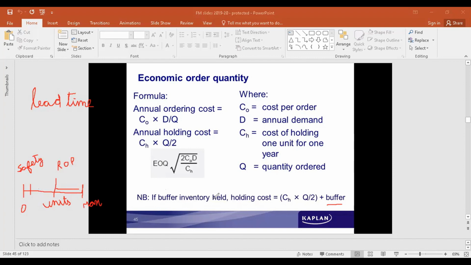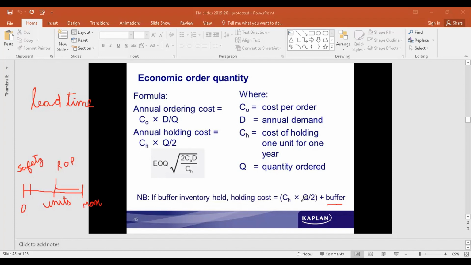If buffer inventory is held, the holding cost would be calculated, since the buffer inventory would anyway be held, plus whatever is the total quantity. They would not be calculating it on the total quantity of material, but the average quantity. Why the average quantity? Inventory is not the same throughout every single day.